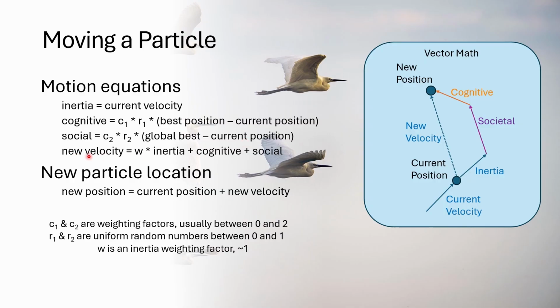So the new velocity is going to be the vector math of these three things. So we got inertia, societal, cognitive, that becomes the new velocity. We add the new velocity to the current position, and that gives us the new particle location.